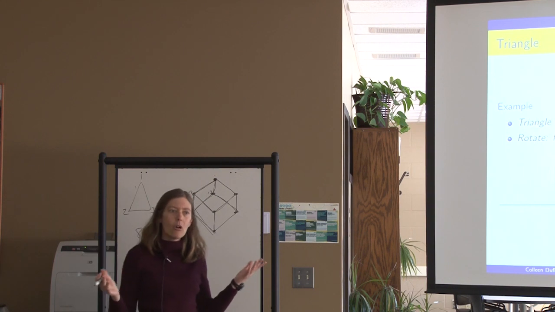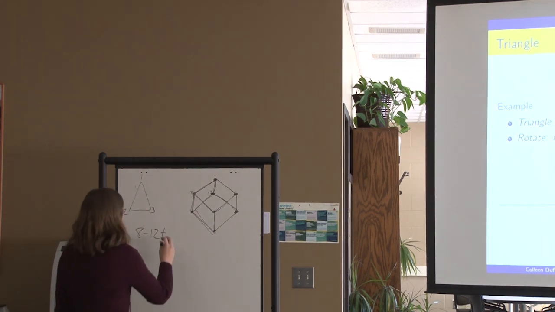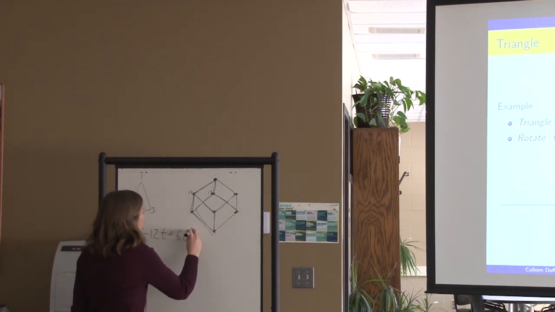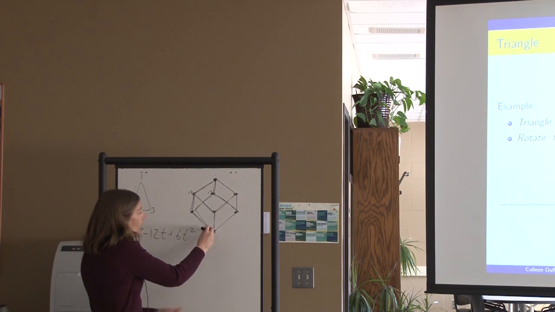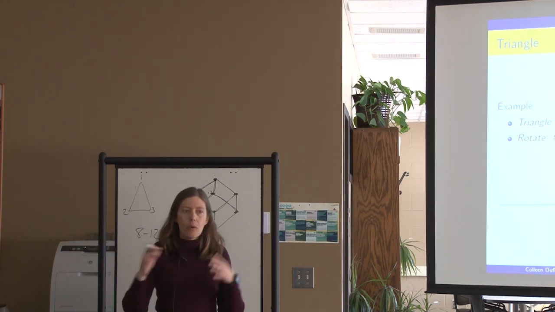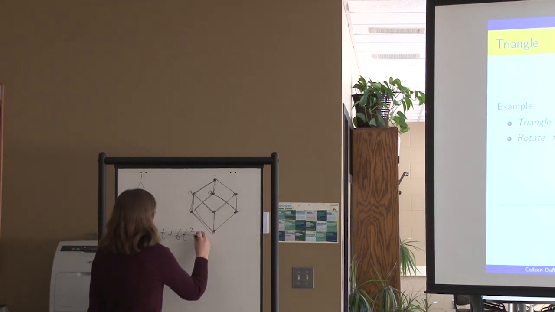Remember, I don't have to care about any other way of getting there, just that I can get between those 2 points. Paths of length 3, well, I can get from top to bottom. And again, all the ways of getting there are all equivalent, so just one path from top to bottom.